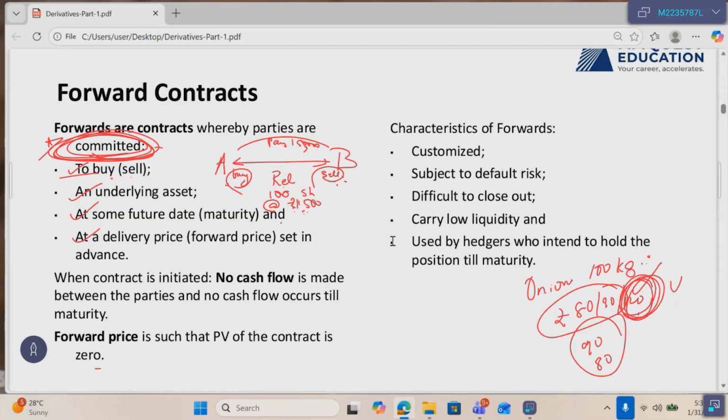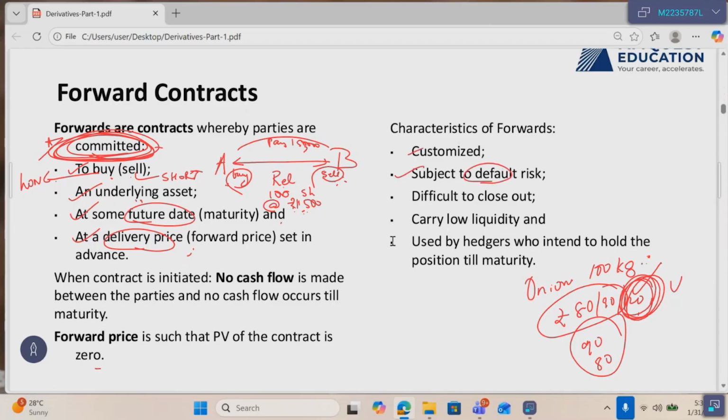Now remember, guys, buy means long. Sell means short. So I may have a long forward or a short forward. It's at a future date and a future price. So the future date is certain, the future price is also certain, but the actual price in the market will never be known. Forwards are customized and always subject to risk.